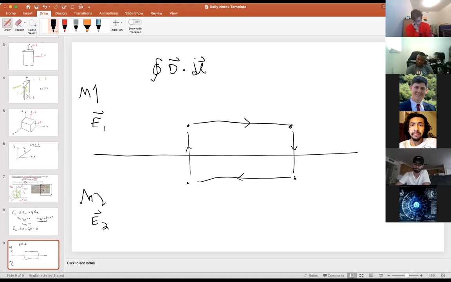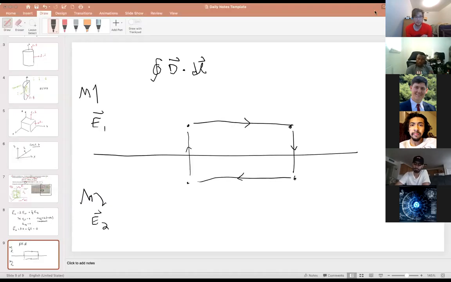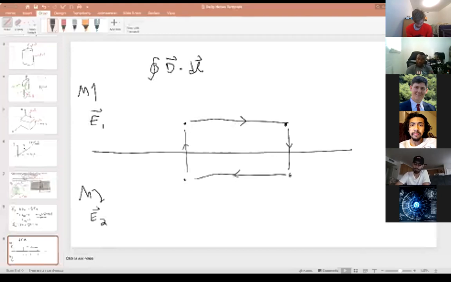If we were to follow the path all the way around and integrate along that sum, we would be able to come up with a relationship between that path and the amount of charge that's contained in there.